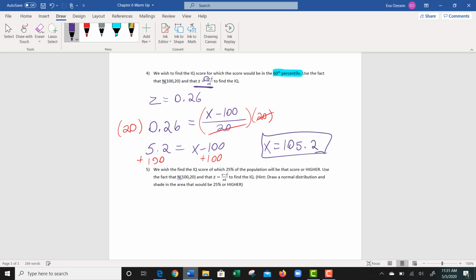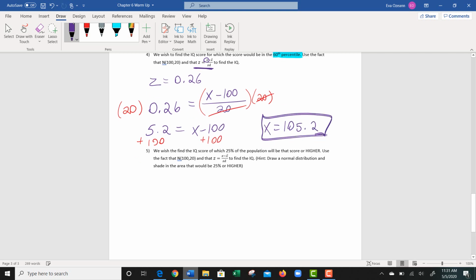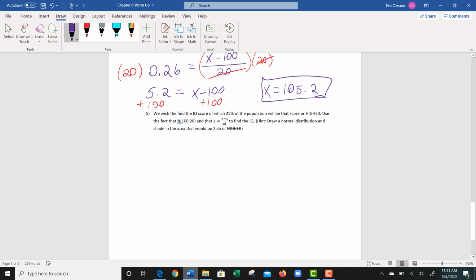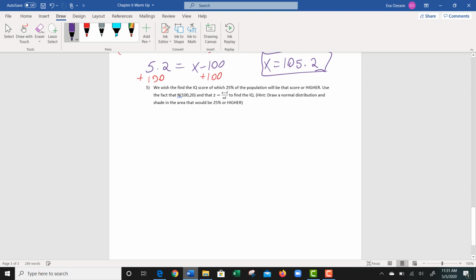So if a person has an IQ score in this example of 105.2, that means that they would be in the 60th percentile. Okay. Very last question. We wish to find the IQ score of which 25% of the population will be that score or higher.